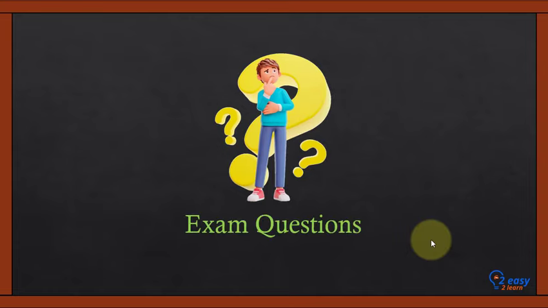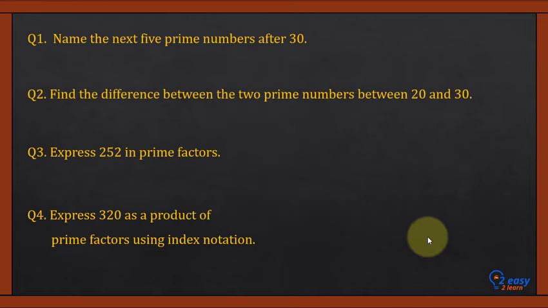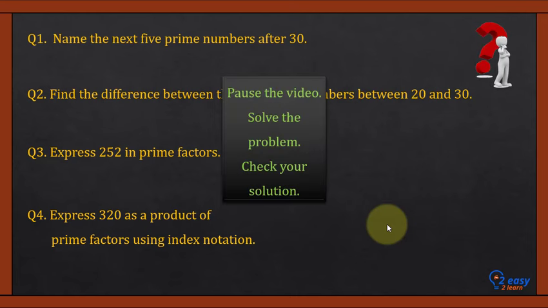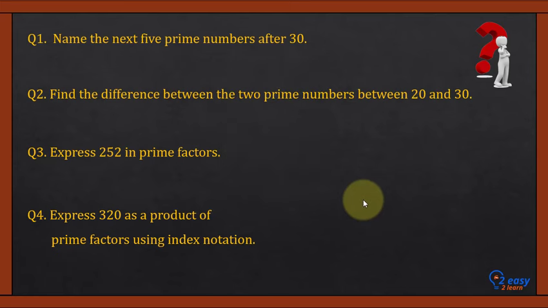Let's solve a few exam questions. Pause the video, solve the problem and check your solution. Let's see your solution. Name the next prime numbers after 30. So you have to think of prime numbers.